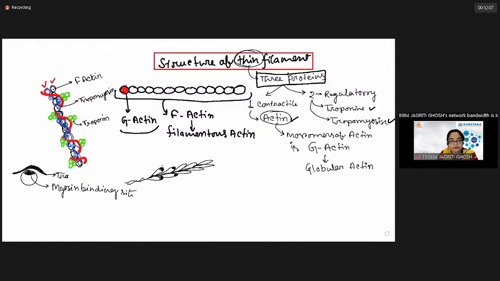So what is the function of tropomyosin? Write down: tropomyosin hides the myosin binding site of G-actin. For now I am erasing the structure because you understand what I am trying to say.